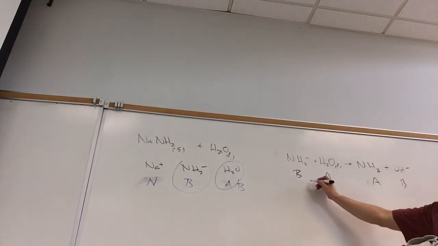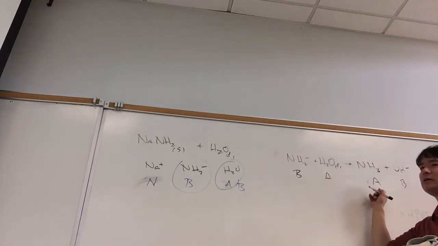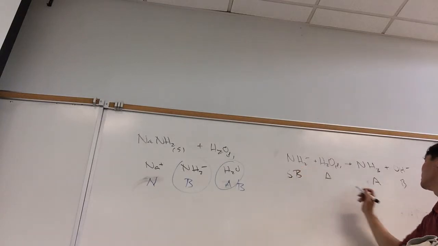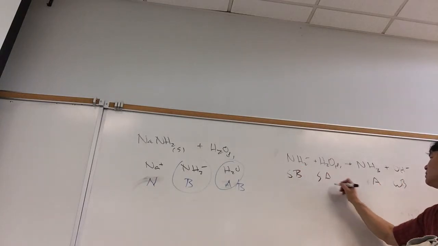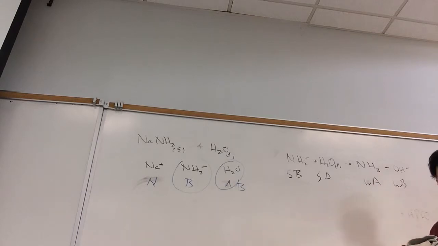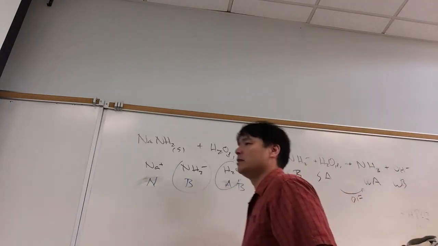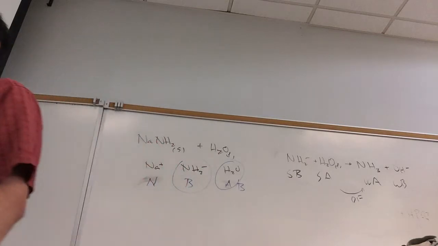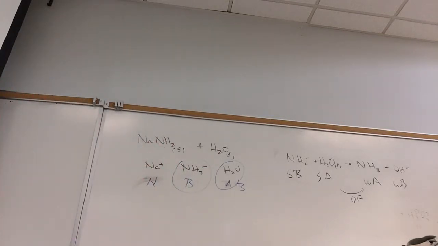So now we compare the two bases, amide versus hydroxide. Amide's stronger, hydroxide's weaker, water is stronger, ammonia is a very weak acid, as you'd expect. And so we have driving force here. Again, we see the leveling effect of strong base. None of the strong bases stronger than hydroxide can exist stable in water. They all react with water to form hydroxide, the strongest base that can exist in water.